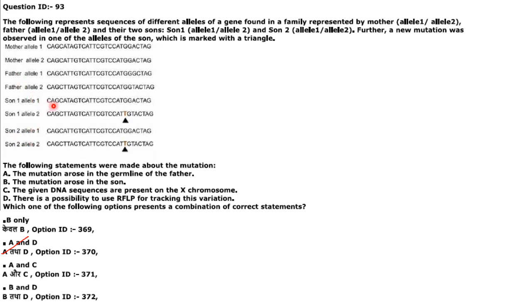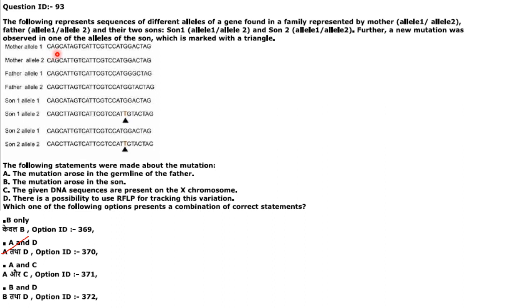Now if you see this allele, CAG, CAT, AGT, you can see that it resembles mother allele 1.